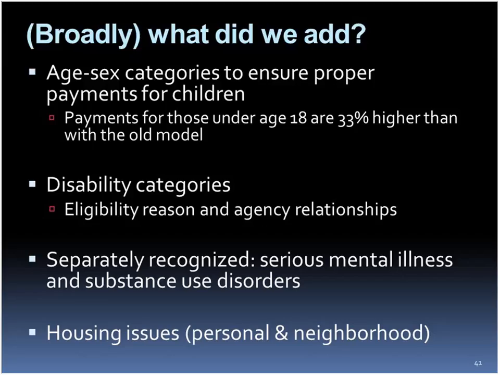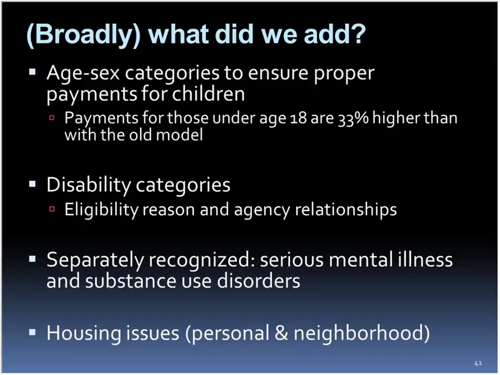Even though the underlying DXCG score actually contained age-sex categories, we have found that it's useful to take the rolled up score and add age-sex categories on top of that, and it helps to tune the medical model to differences in how money is spent across people of different age and sex in your state.